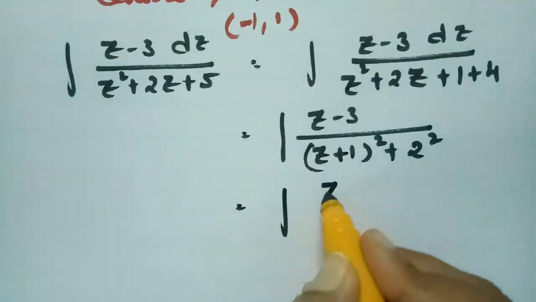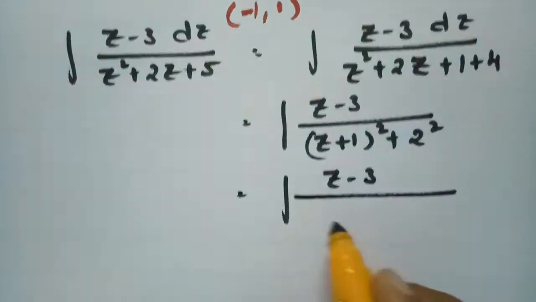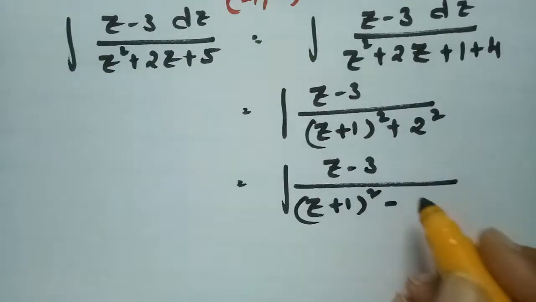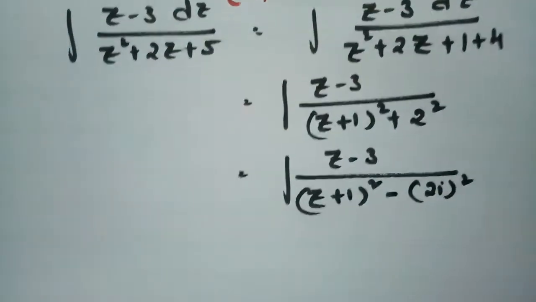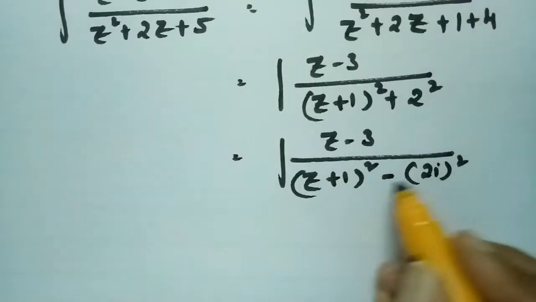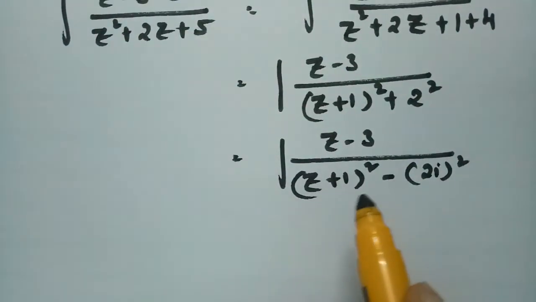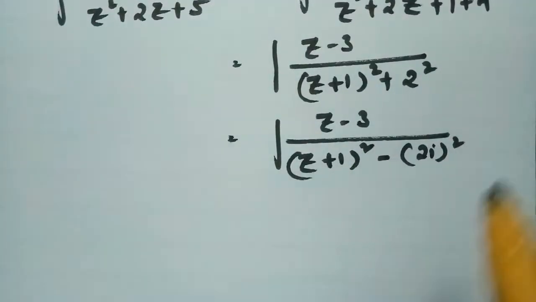So this can be written as z minus 3 by (z plus 1) whole square. I need minus here, so I am writing this as (2i) whole square. See here, i square is minus 1, minus of minus plus, in order to get the formula in the form of a square minus b square.